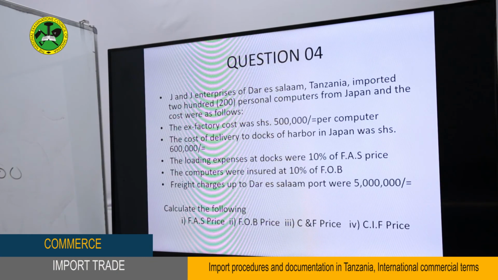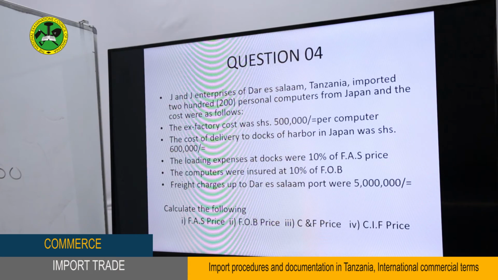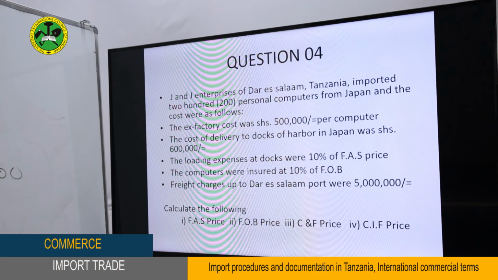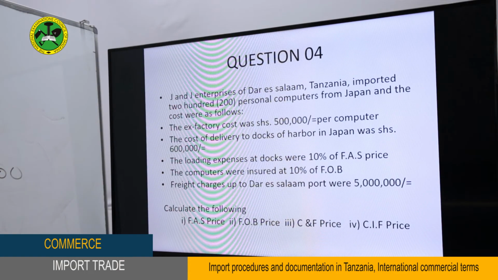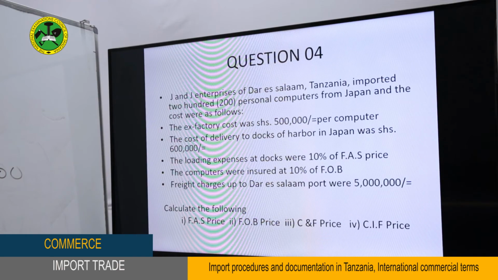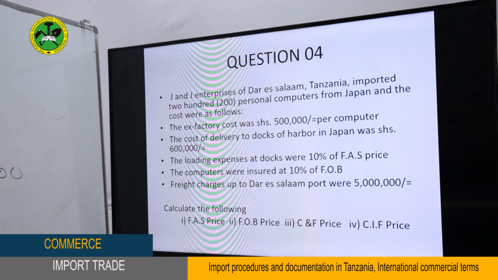So you have been given a question of that nature: J&J Enterprises, who are in Dar es Salaam, which is found in Tanzania, imported 200 personal computers, and each computer costs 500,000, which is the ex-factory cost.